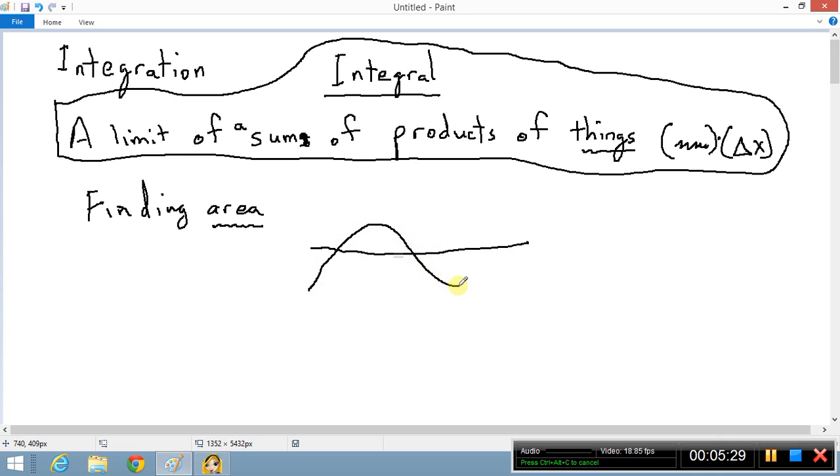Here's a function, for example. And I didn't mean it to look so regular. It's maybe sort of like that.